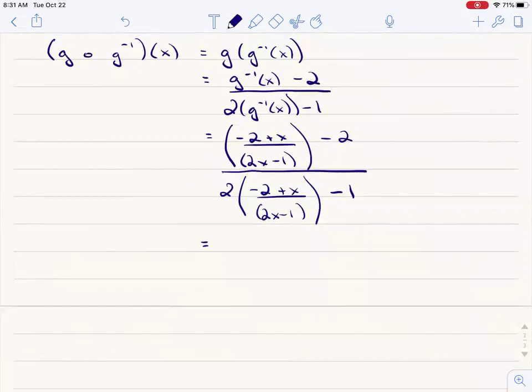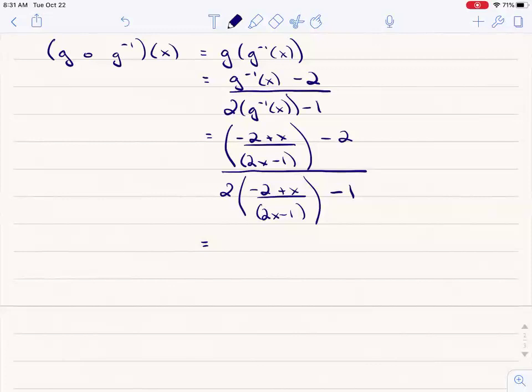So looking at the numerator, the top one, what do we have to do to get a common denominator here? We just have to multiply 2 by 2x minus 1 over 2x minus 1. So I always use the trick of multiplying.